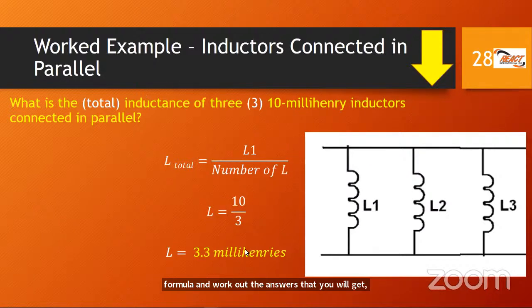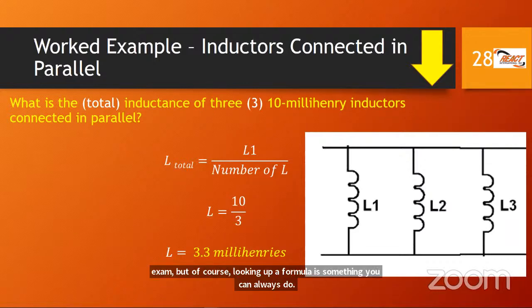But at least you've seen how to work the answer out, so you have become familiar with the theory and the formula associated with it. Try your best to learn it. It will be helpful to you as a radio amateur when you're doing calculations and so on, right? Of course, you won't have a formula sheet in the exam, but of course, looking up a formula is something you can always do. But how do you apply the formula? And that's what we are demonstrating here.